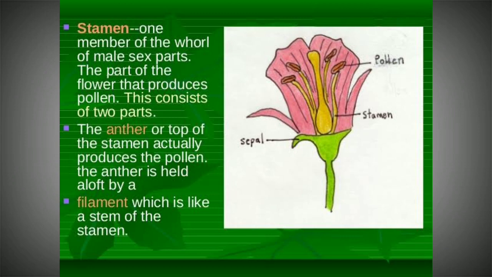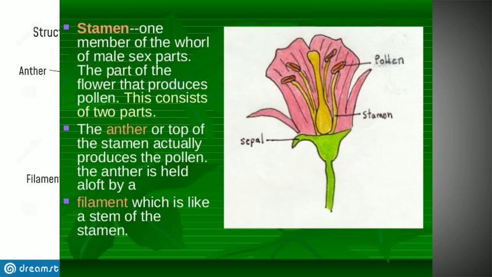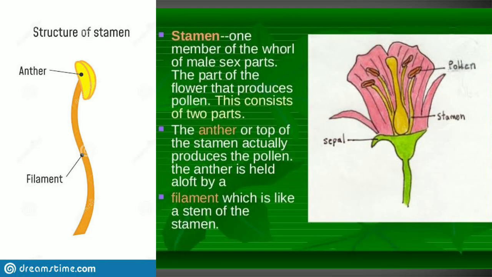The individual unit of androecium is called a stamen, and each stamen consists of an anther and a filament. The anther is the fertile part of the stamen, and it is supported by a stalk which is called the filament.